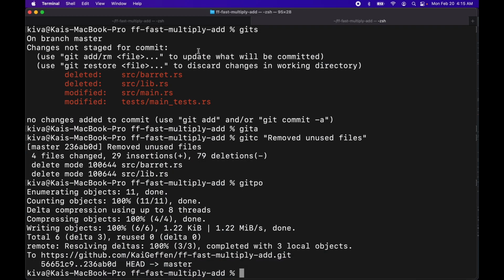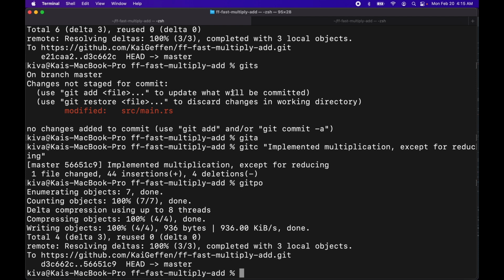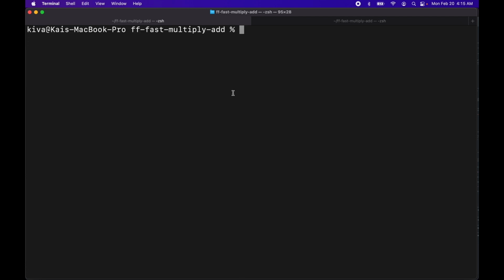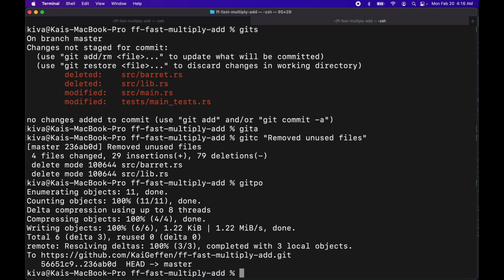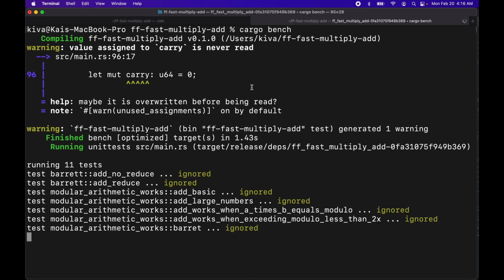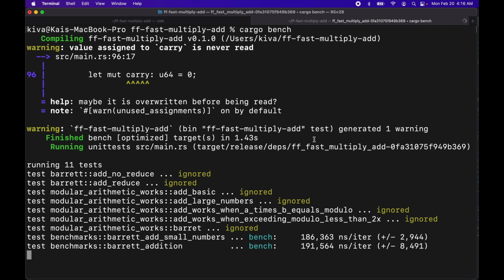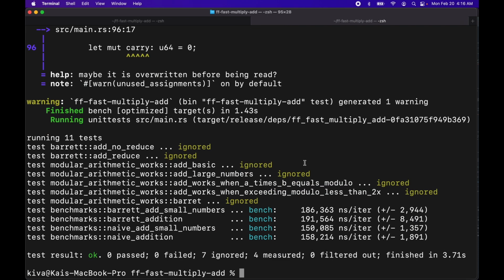I believe you can see this run. So it's fast multiply. Is this the one that has it? Okay. Yes, cargo bench. So let's just focus on what this is telling us.